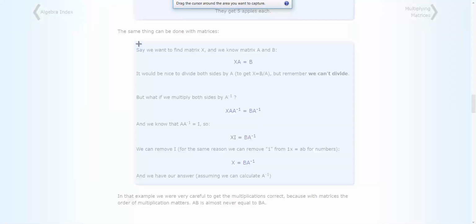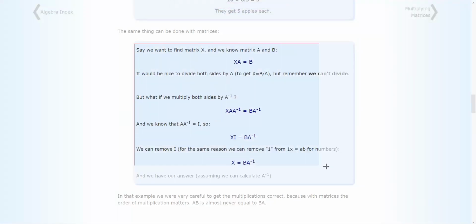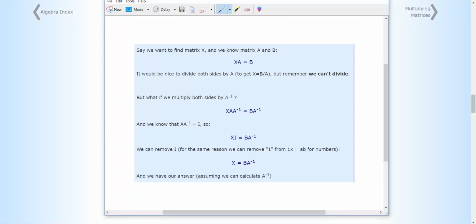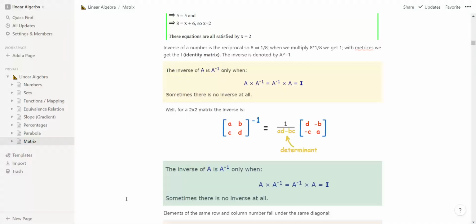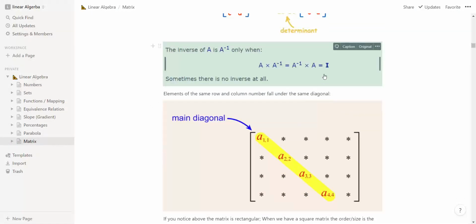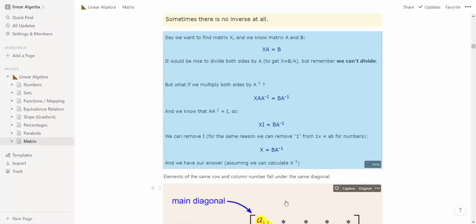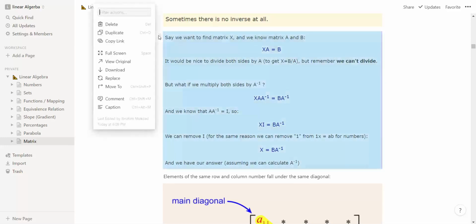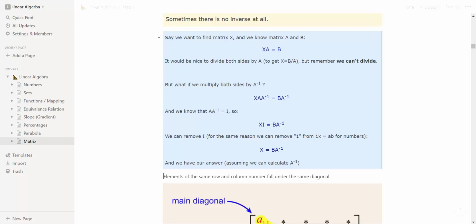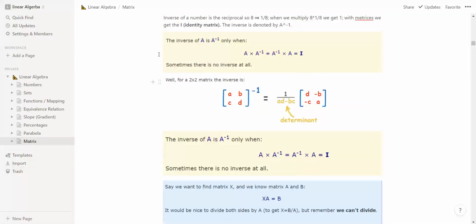Interesting, we should take this one in. So the identity matrix actually acts like the one coefficient for other matrices and for constants.